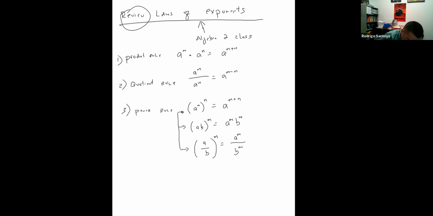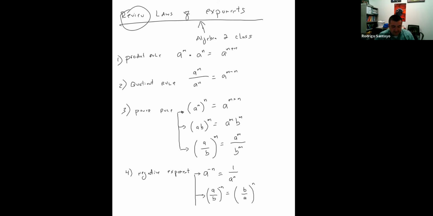And I think the last one is the negative exponent rule. Something like a to the power of negative n, right, is the same thing as 1 over a to the power of n. And that can be extended, right, in a few ways. Maybe a over b to the power of negative n. Right, let me just flip the inside, make that positive.